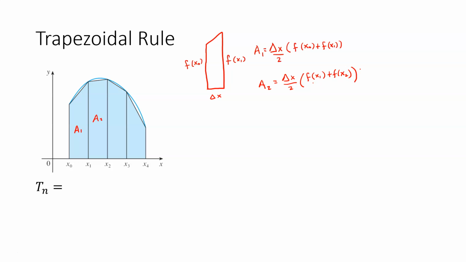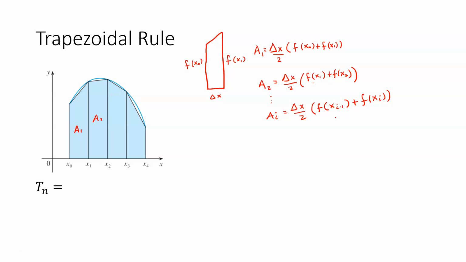So in general, what is it if I want to find just some random one in the middle, say Ai, the ith trapezoid? Delta x over 2, f of xi minus 1 plus f of xi.